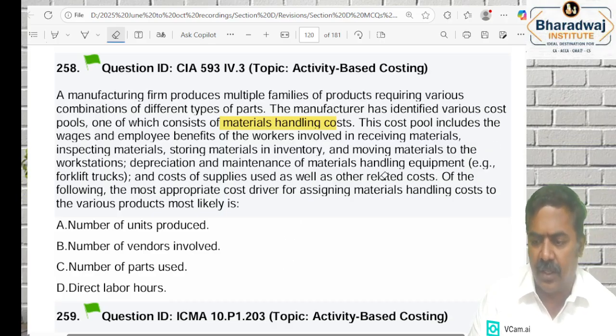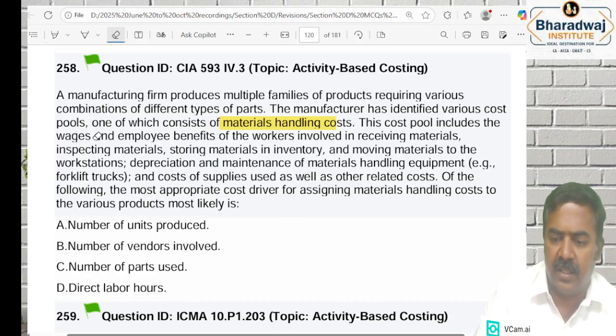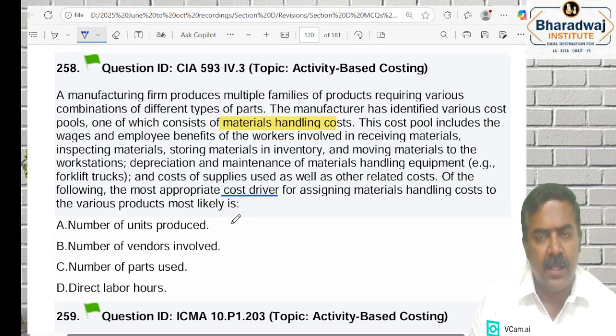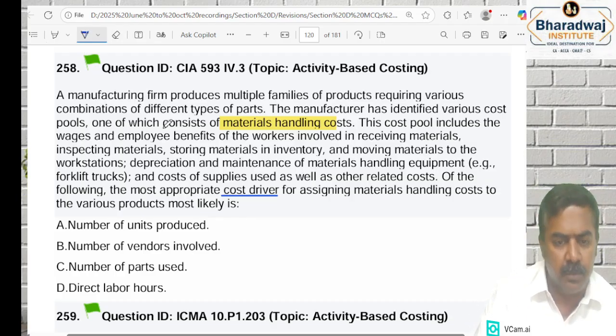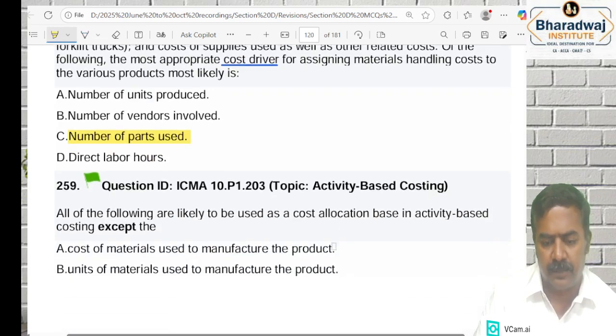And again, it is related to moving the material to workstations like factories or departments where the work is handled. What is the appropriate cost driver they ask for? Is it based on output or input? So it should be based on number of parts used.